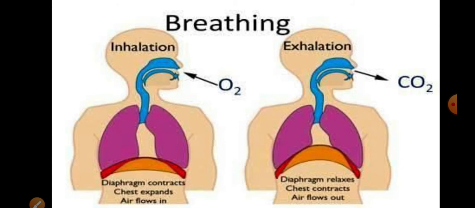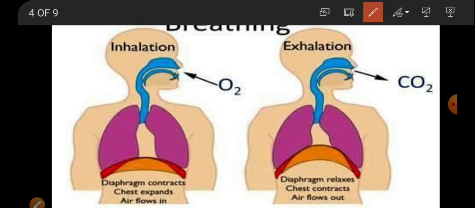So this is your breathing process. In this breathing process, inhalation and exhalation, when you observe carefully, a muscular plate-like structure is present, called the diaphragm. It is present exactly between the chest and the pelvic cavities.